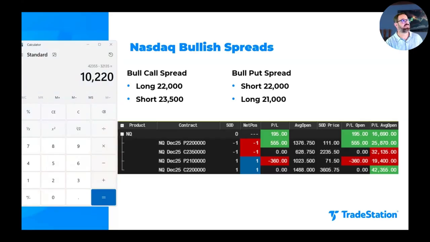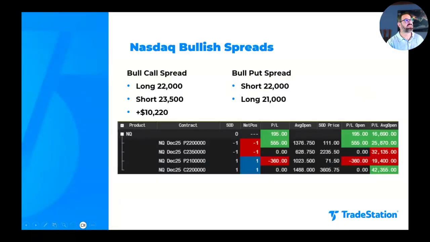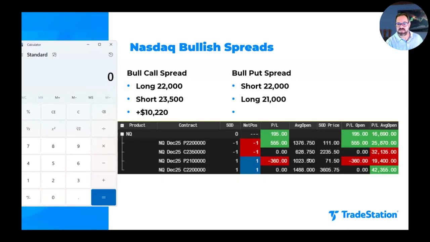Let me put that in there real quick. Up 10,020. There we go. Now on the other side, we have the puts, and I have the short 22,000 put, which is showing average P&L open right now. Why is it showing P&L open 0 there? I'm not sure why. Maybe that's the actual number, because I don't think it's up $10,000.